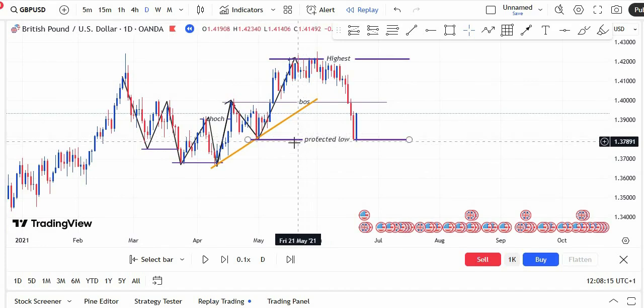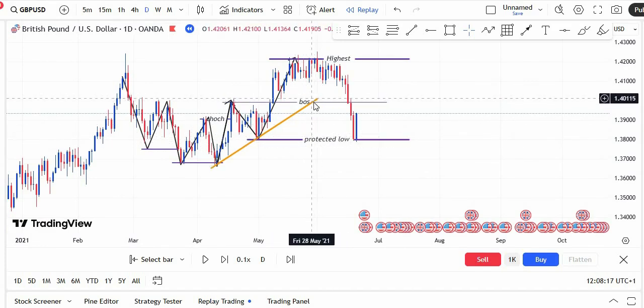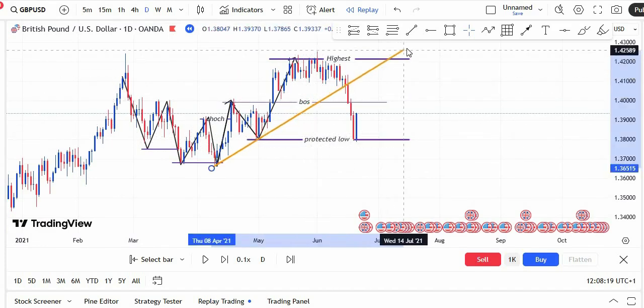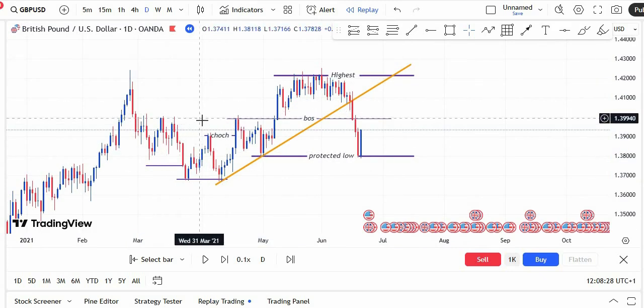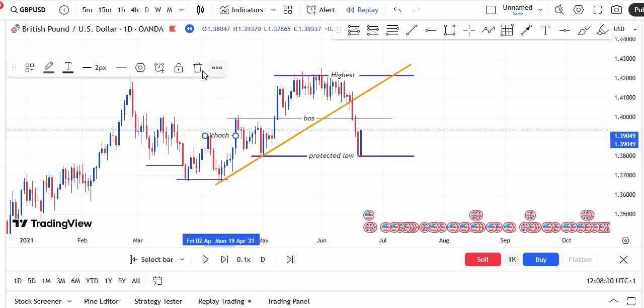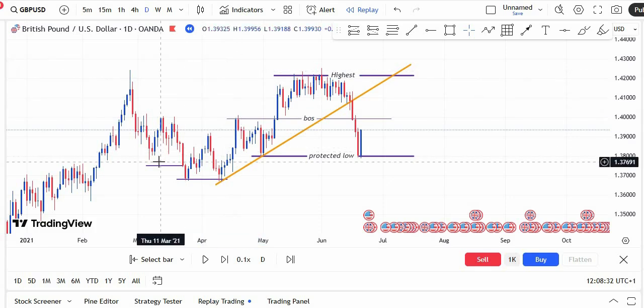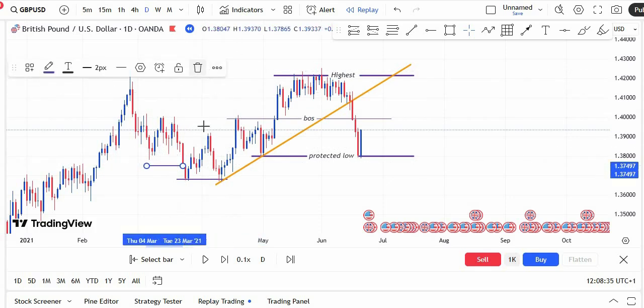But what we just observed is that our trend line has been broken already, because what we were told was that the trend line is a zone that markets reject off. But actually, this trend line was only respected twice.